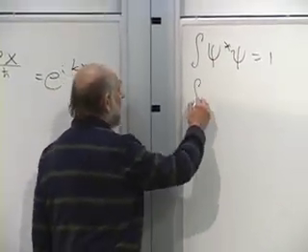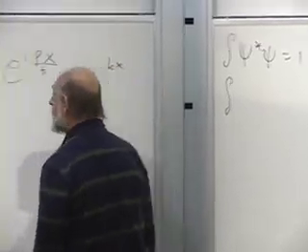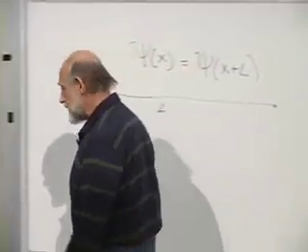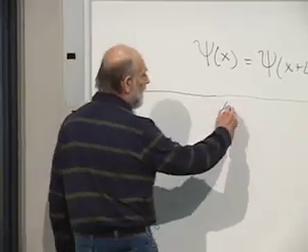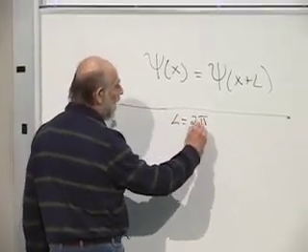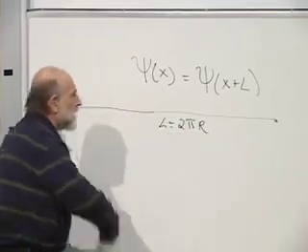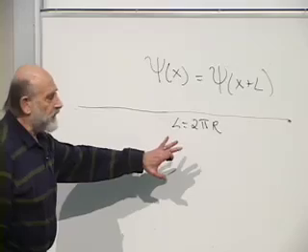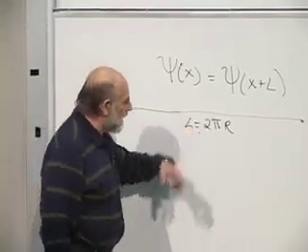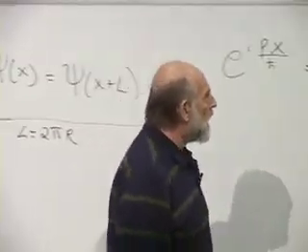Oh, I'm sorry, I want to go back one step. I want to think of L as equal to 2 pi r. I want to imagine that it is on a circle. This is just for notational convenience.